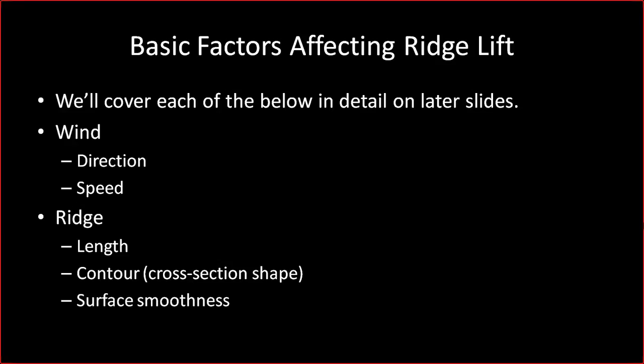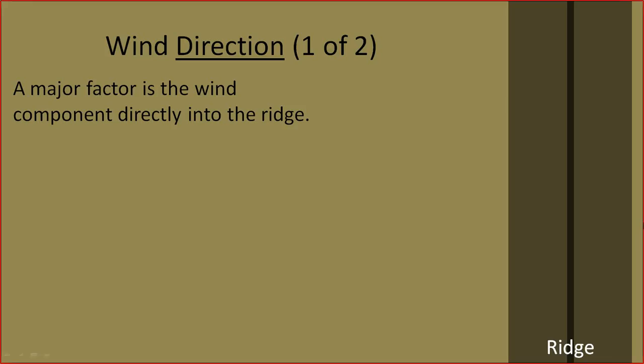And the smoothness of the surface. So, is it a bare ridge that's just smoothly tapered, or is it like our ridges here in the east, covered with trees, which is not smooth, it's bumpy? So we'll talk about all of those things. We'll start with wind direction.